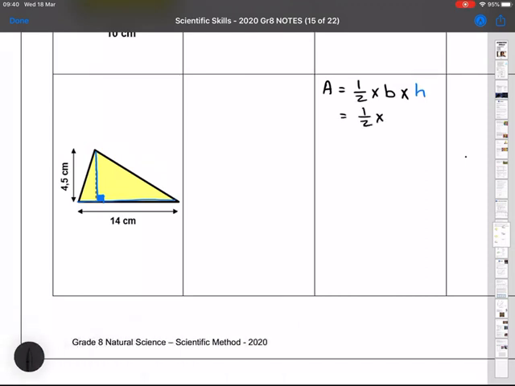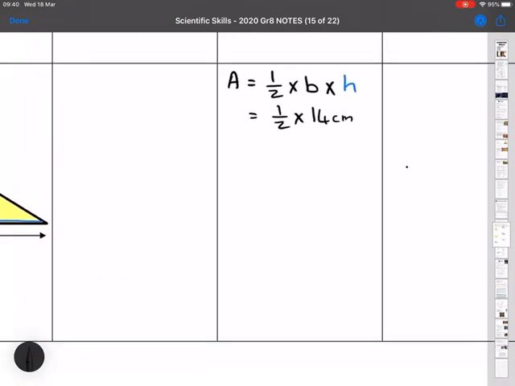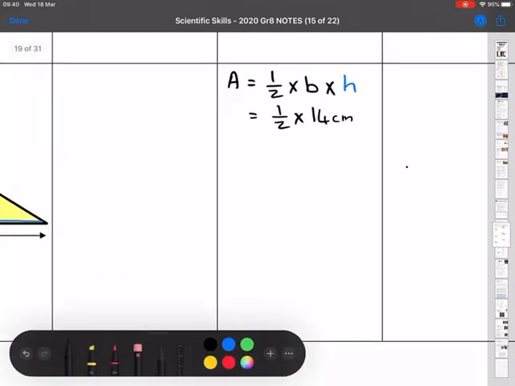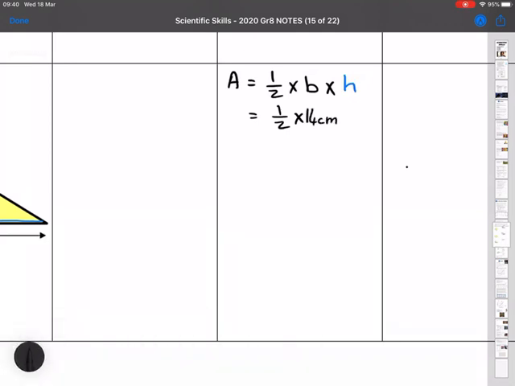So that's equal to half. The base is 14 centimeters long. And the height of the triangle is 4.5 centimeters long. Base is 14 centimeters, times the height, which is 4.5 centimeters.